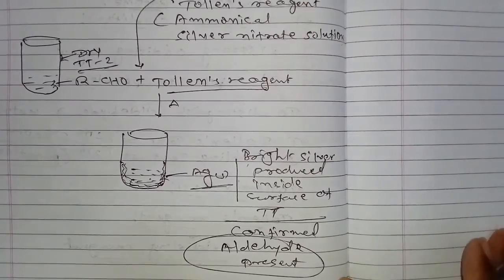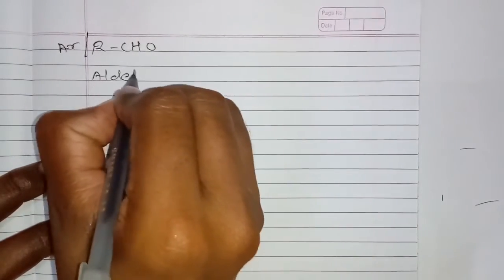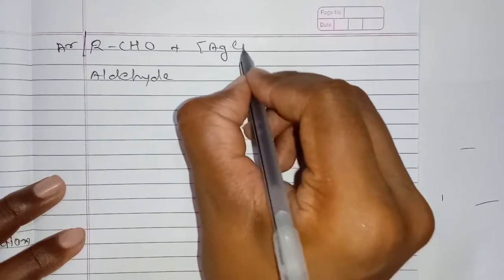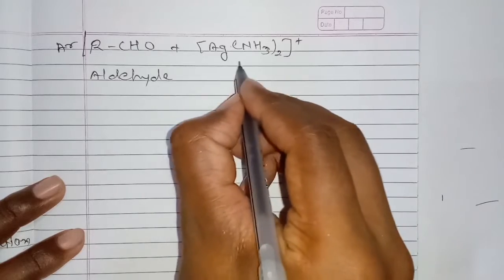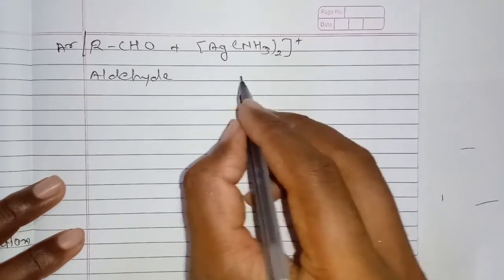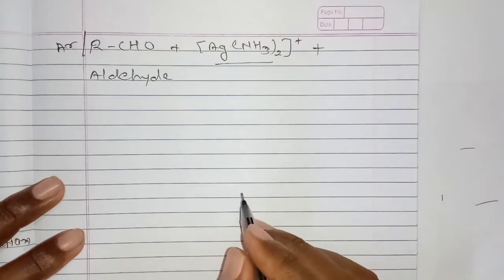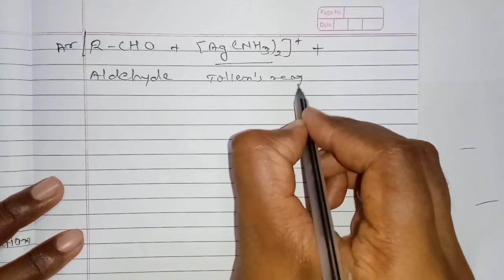And the reaction is carried out here. The aldehyde reacts with ammoniacal silver nitrate solution, which is a mild oxidizing agent, or this Tollen's reagent.